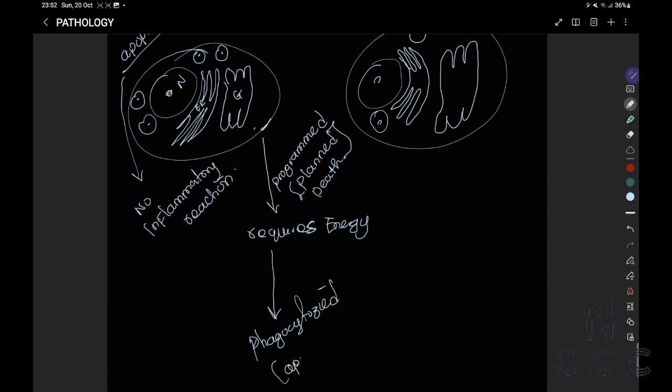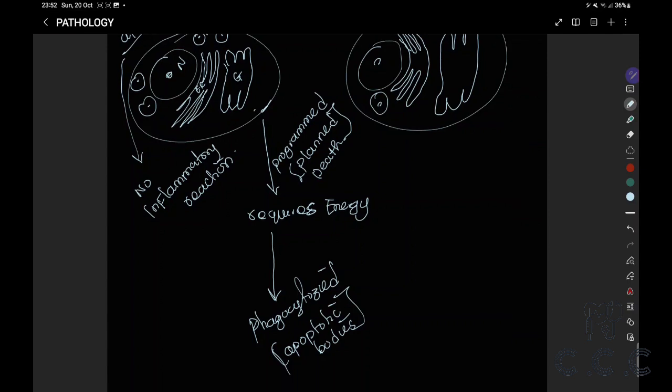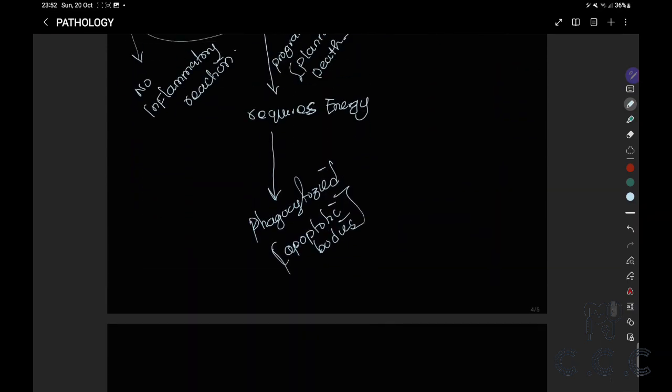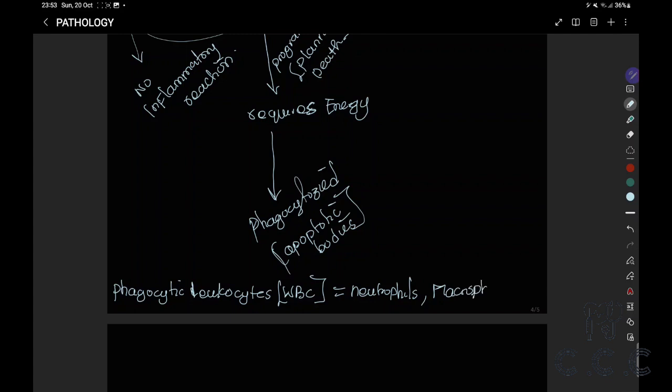And eventually the end products of apoptosis, usually we call them apoptotic bodies, are phagocytosed by phagocytic leukocytes, right? Just for emphasis, remember that leukocytes are also known as white blood cells. Phagocytic leukocytes include neutrophils, and more so macrophages.